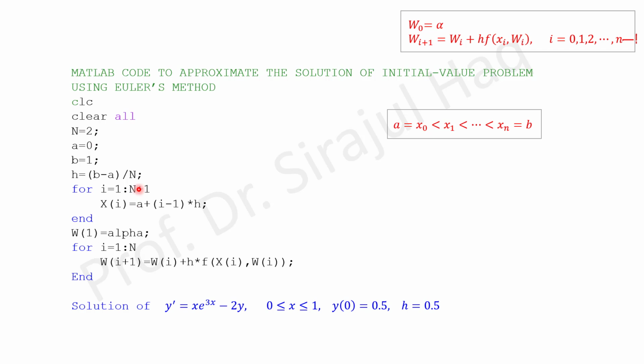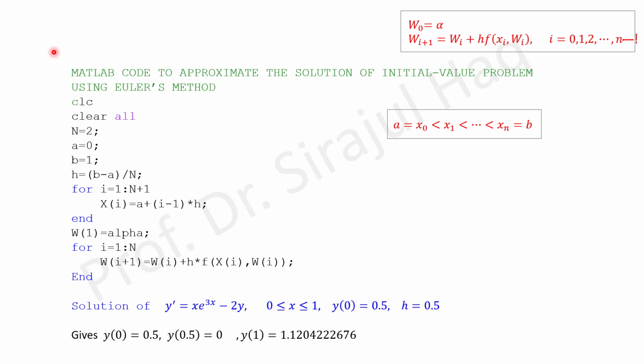But here you are generating 3 points because I am using capital X of 1 for small x0, capital X of 2 for small x1, and capital X of 3 for small x2. So you can see that if you solve this problem with the help of this program, you will be getting these values. So y at 0 is given to you as 0.5, and y at 0.5, which was your x1, and y at 1 is given by this one.